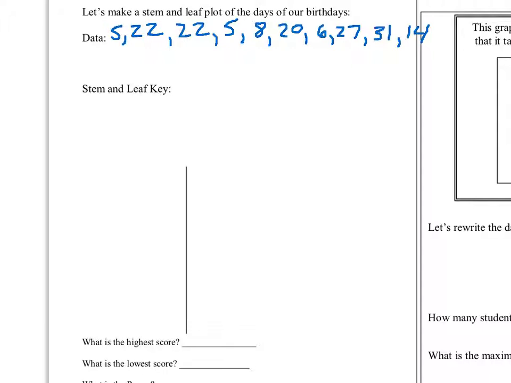The way stem and leaf plots work is on the one side you have the stem, and on the other side you have the leaves.